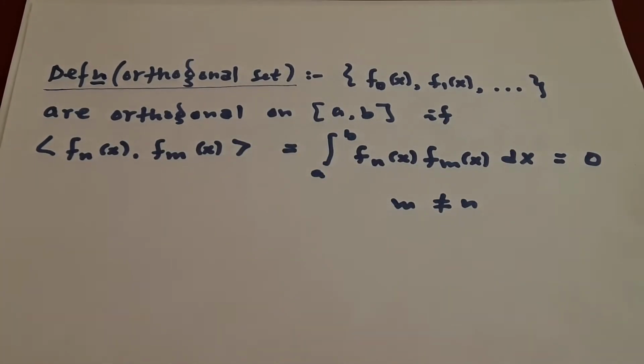It's just straightforward what orthogonal sets mean. Simply check the individual functions, f0 with f1, f2 with f1, or f2 with f0, and so on. If the inner product is 0, then the set is an orthogonal set, that means it contains orthogonal functions.